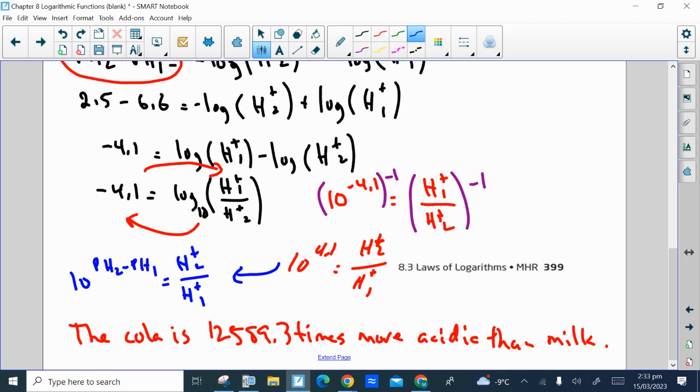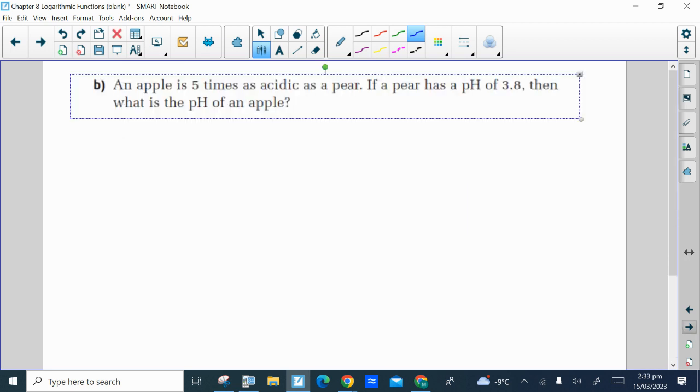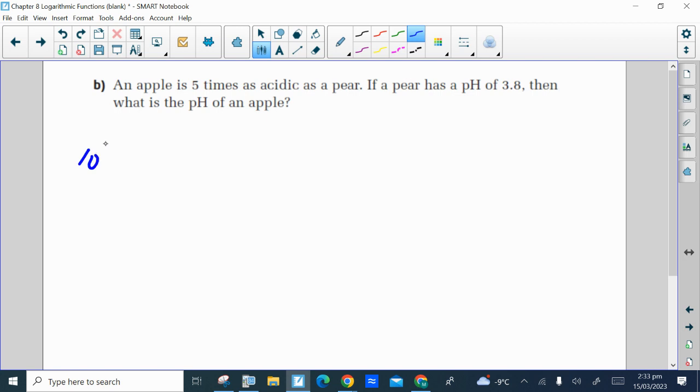So that's a formula that we developed. This exponent came from subtracting the two pHs. We can use it for any questions involving pH when you're comparing acidity or alkalinity. So this is the formula we're going to use for this next question: 10 to the power pH2 minus pH1 equals H positive 2 over H positive 1.